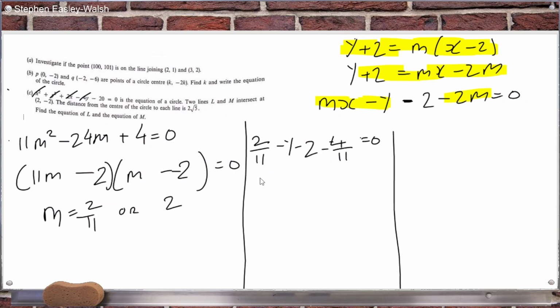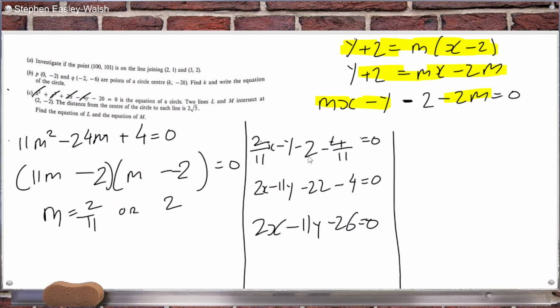We'll multiply by 11. So we get 2x minus 11y minus 22 minus 4 equals 0. I lost my x. So 2x minus 11y minus 26 equals 0.